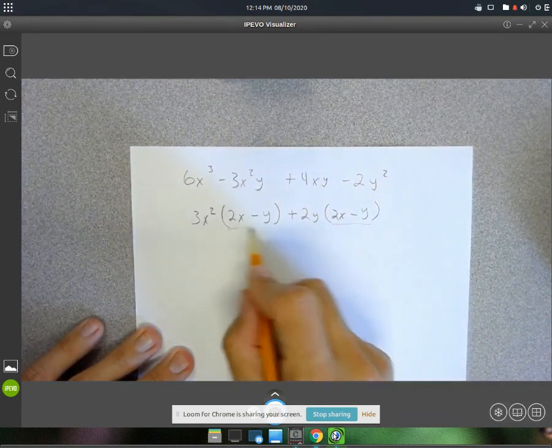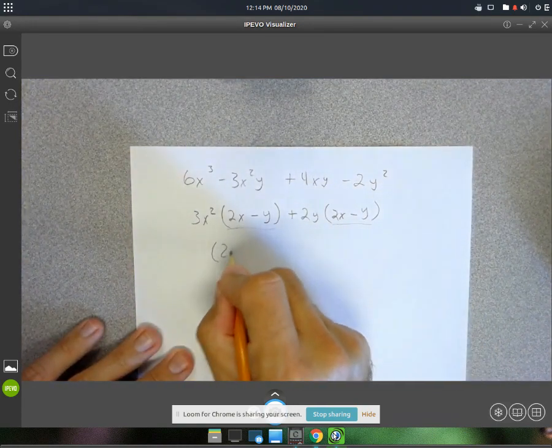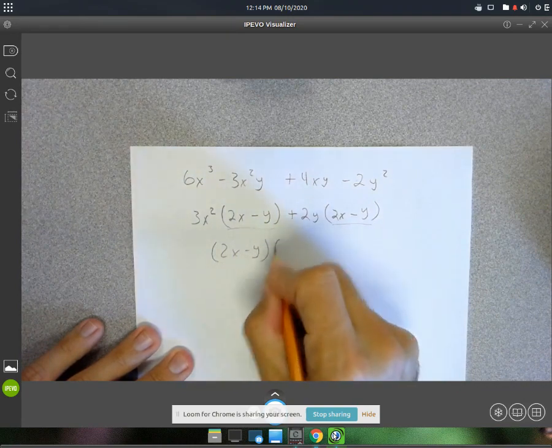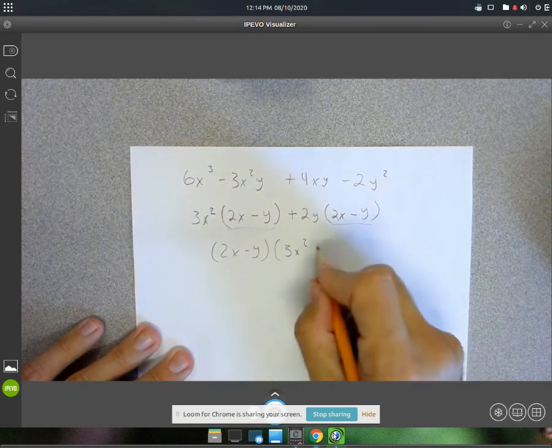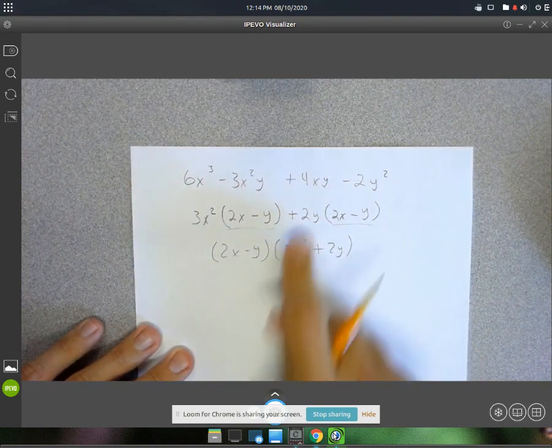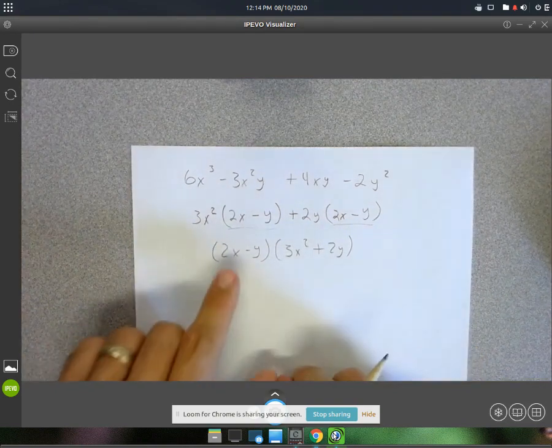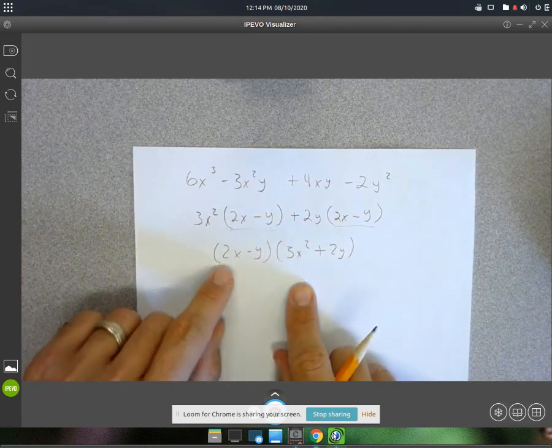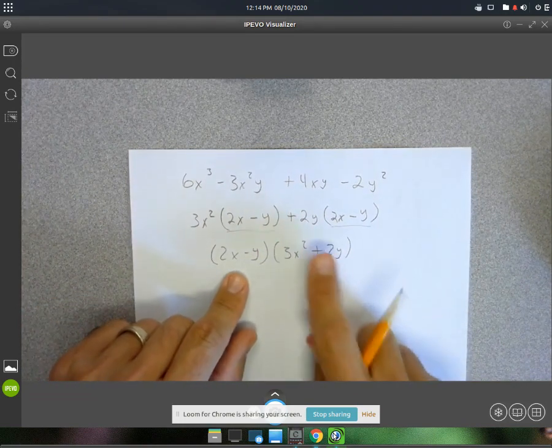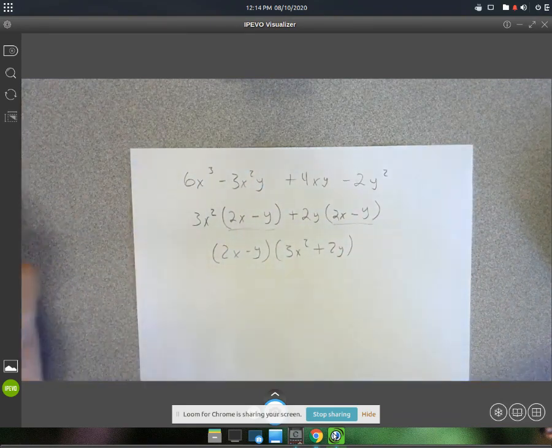Now we'll factor out a 2x minus y. And this is going to be a 3x squared and a plus 2y. Yeah. 2x minus y times that gives you the left half. And 2x minus y times that gives you the right half. That's all.